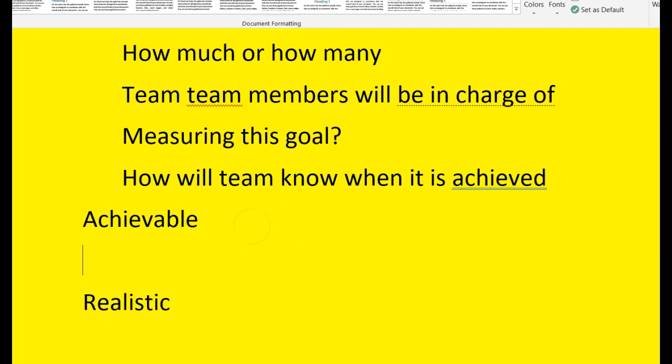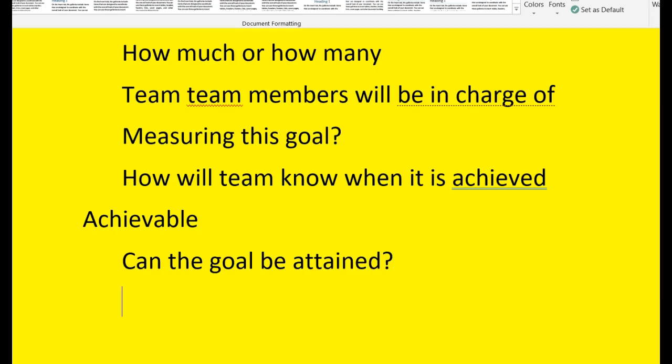Achievable. This is maybe a double check on some of the prior two categories, but you want to rethink the goals in terms of can the goal be attained, and what specific procedures are needed for it to be achieved.